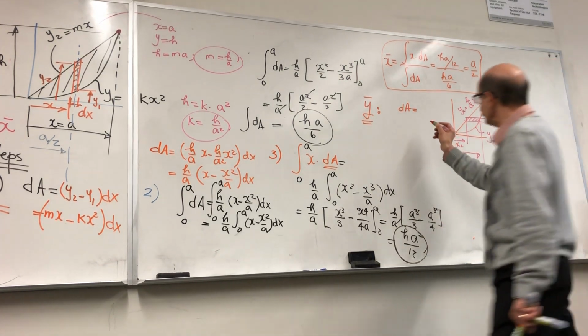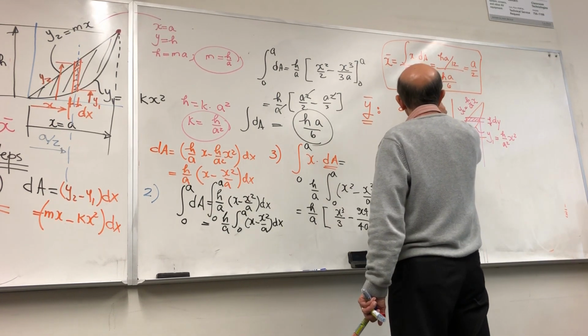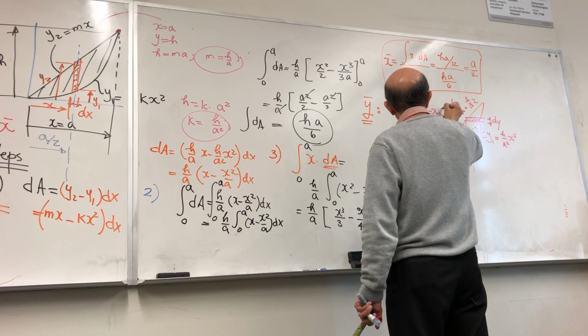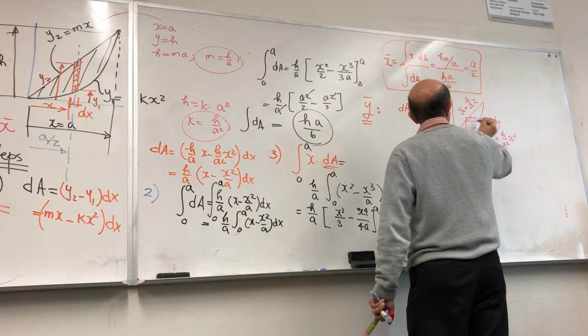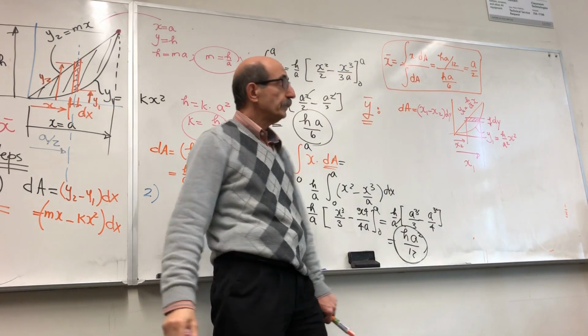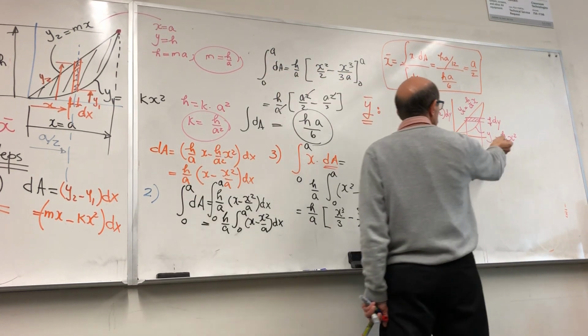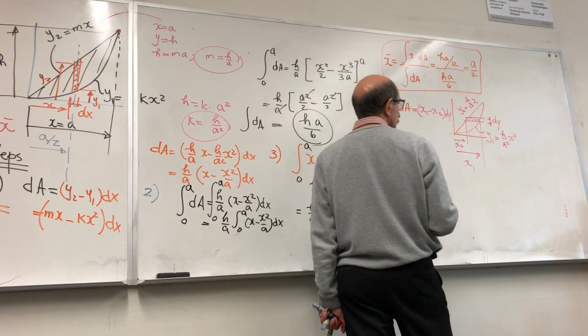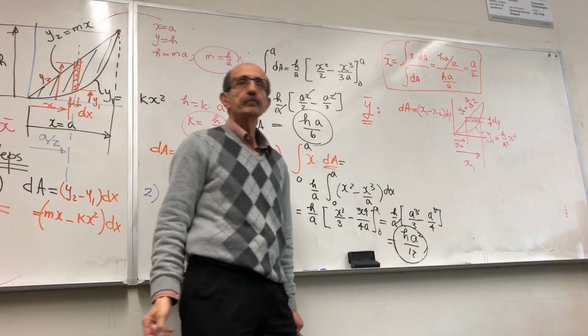So dA, in this case, would be x1 minus x2 times dy, the area of this rectangle. So I need to set x1. x1 is from here. In other words, you need to find x as a function of y.